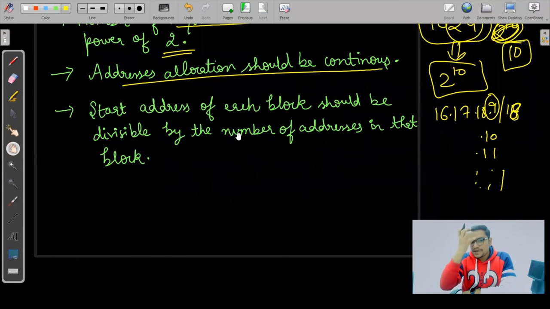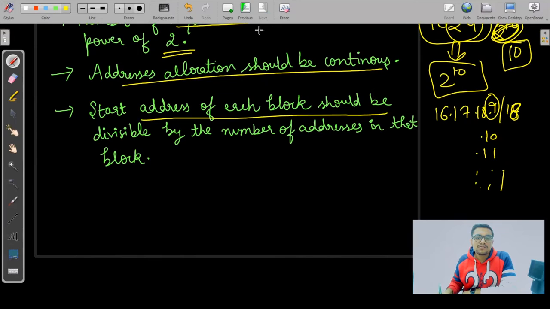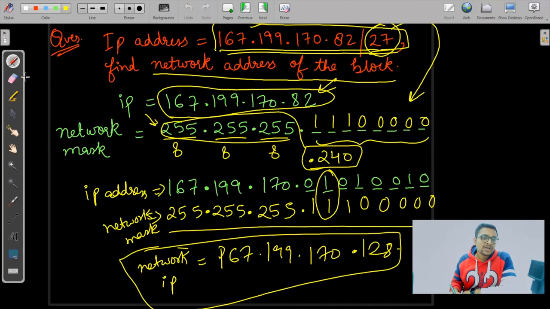Now moving on, the start address of each block should be divisible by the number of addresses in that block. What is the meaning of this sentence? I'll prove it to you using the simple example that we did over here. Let me write it down.